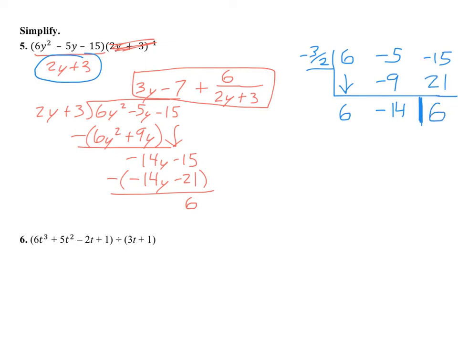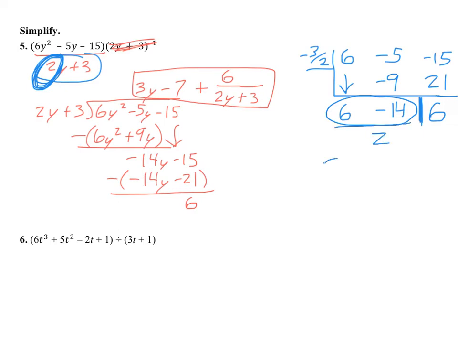All right, because the denominator had a number that was not 1 in front, what you have to do is take these coefficients here. Don't do it to the remainder. Take these coefficients and divide by the number that was in front of y. So we're going to divide these by 2.